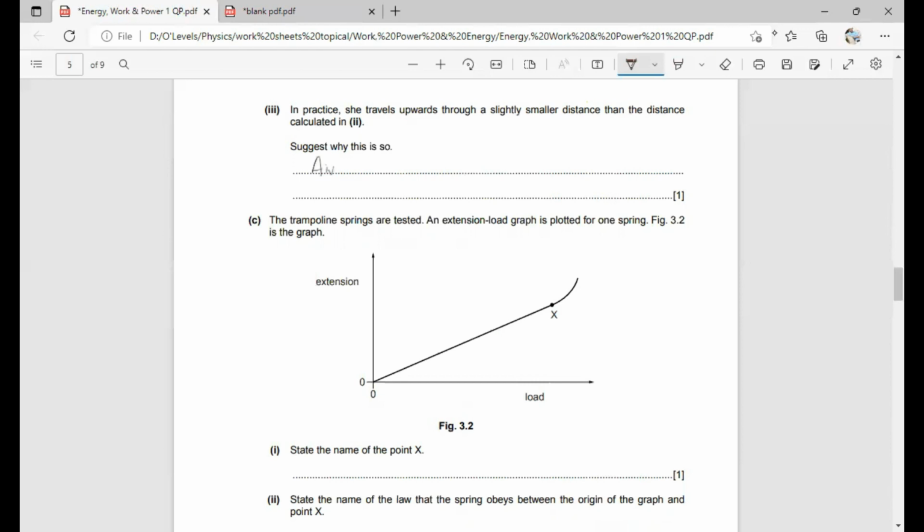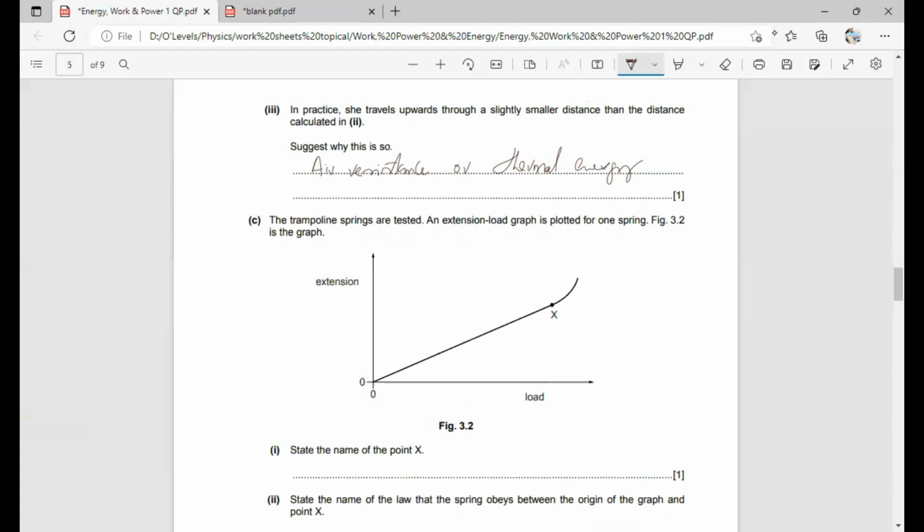Maybe air resistance, or thermal energy.